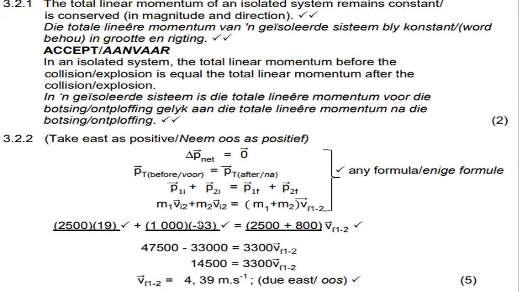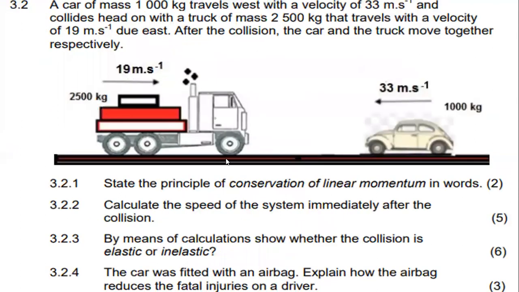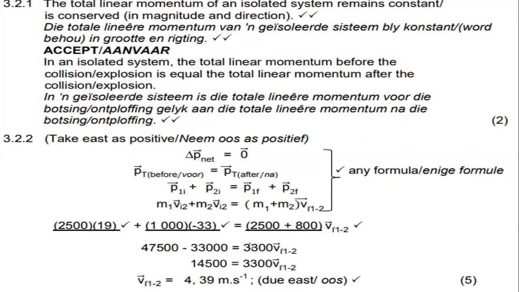And that is why the car, which was due west, is moving in the negative direction. And this will be equal to, now we are checking after the collision. After the collision, the mass of the truck was still 2,500 plus the mass of the car, which is actually 1,000 altogether, right? So that becomes 1,000.